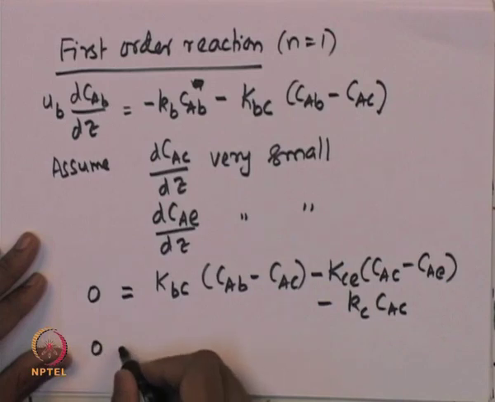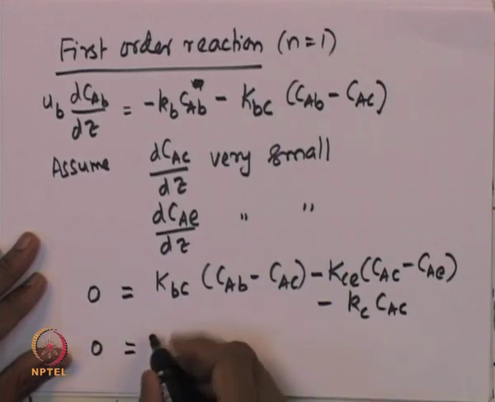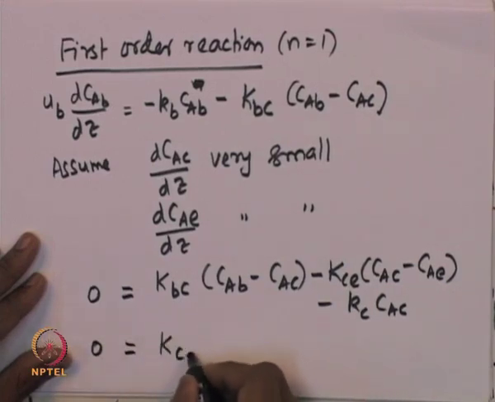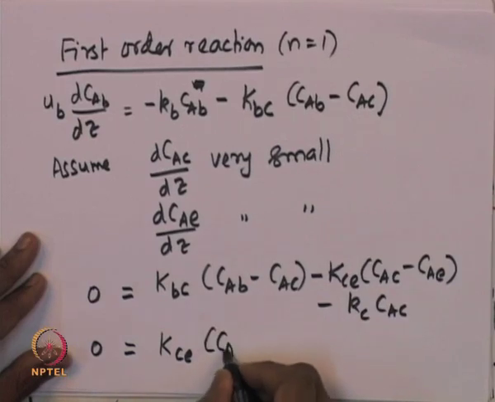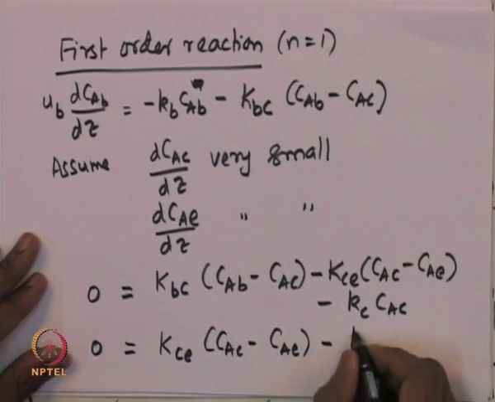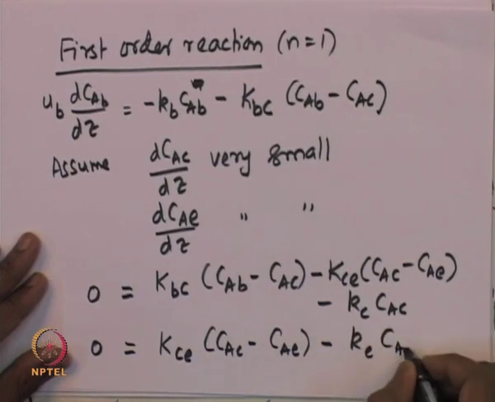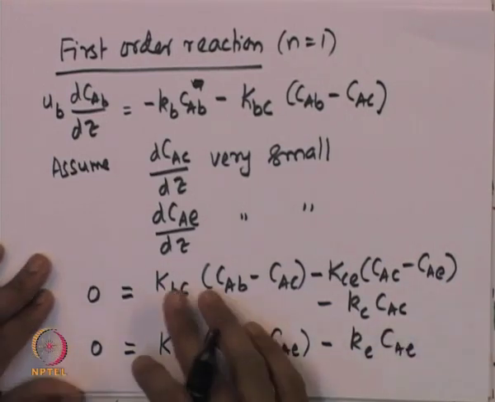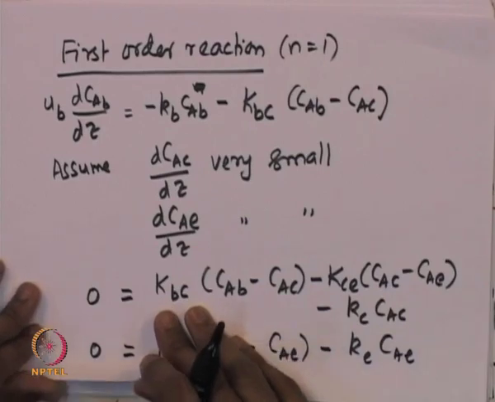And similarly, for the emulsion phase, the mole balance will become 0 equals KCE into CAC minus CAE, minus Ke into CAE. So, that is the mole balance for the emulsion phase.